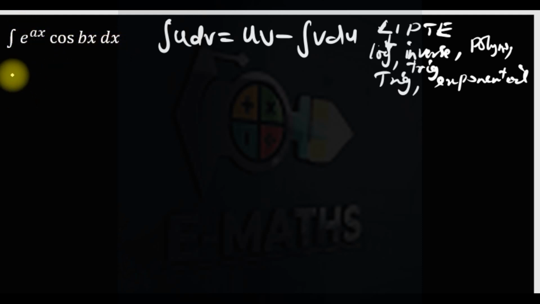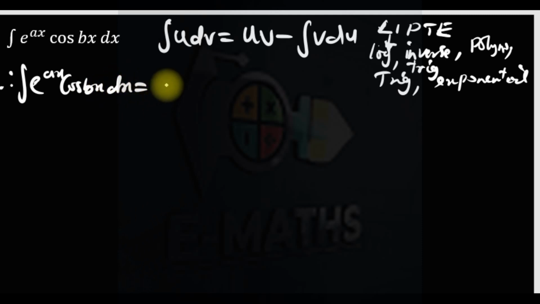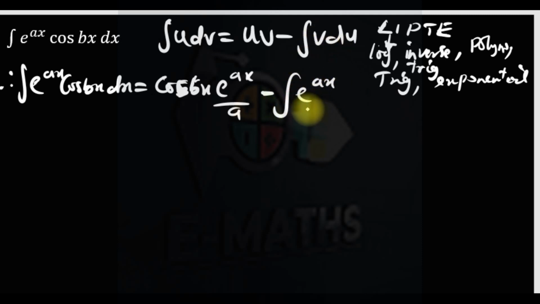Therefore we have the integral of e^(ax) cos bx dx. Our u is cos bx, times v. v is the integral of e raised to power ax dx, because dv is e raised to power ax dx. So integrating both sides, we have v, which is e raised to power ax over a, minus the integral of v du. Our v is e raised to power ax over a.